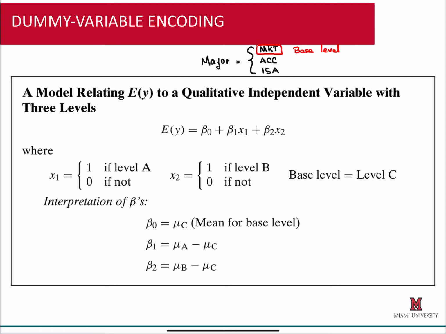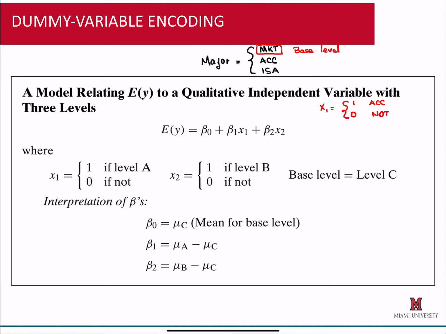Now, the next step is going to be creating a dummy variable for each of the levels that are not the base. Okay, so in this case, we're going to create a variable x1 for the level accounting, and it's going to be equal to 1 if the individual or the student has an accounting major, and it's going to have a 0 value if not.